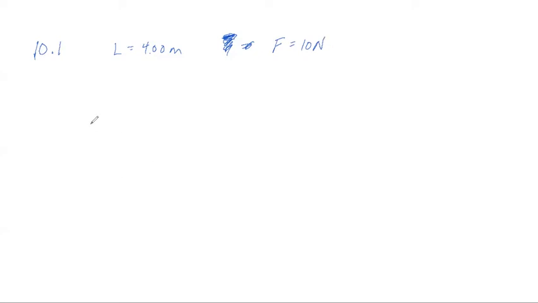So the first one, A, we have point O here, and we have a force going this way. This angle is 90. And so L equals R sine theta, and that's the lever arm.